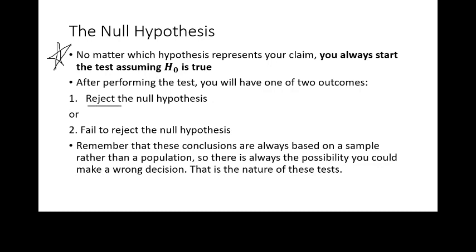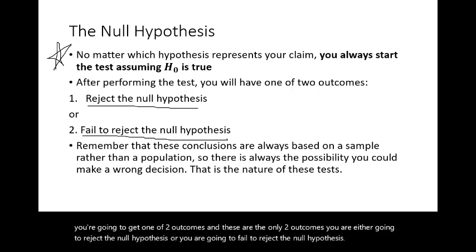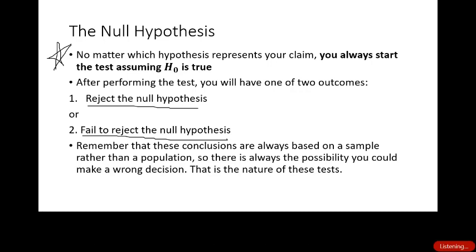You are either going to reject the null hypothesis, or you are going to fail to reject the null hypothesis. Those are the only two decisions that you could possibly make.